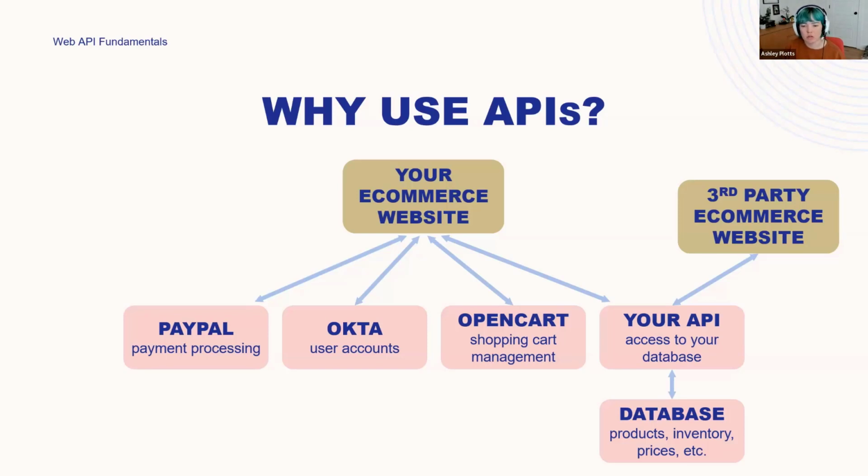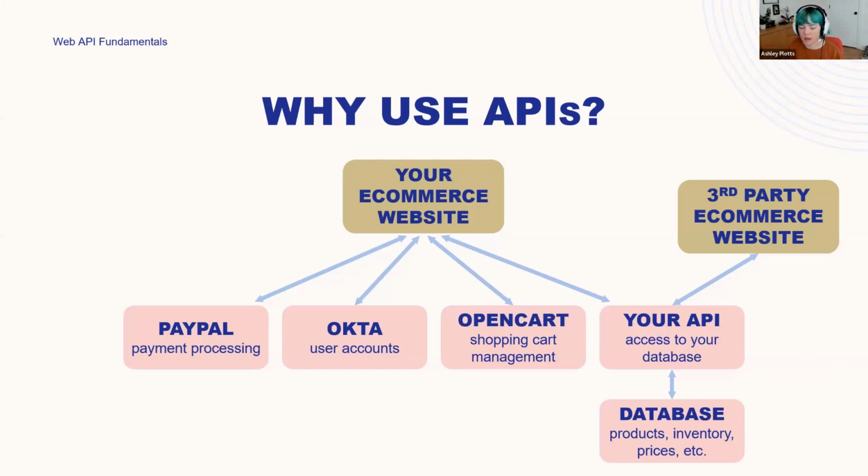There is also the option of creating a private API, which might allow you to access a database that contains product details for the products that you have available, inventory for your products, prices of each product.